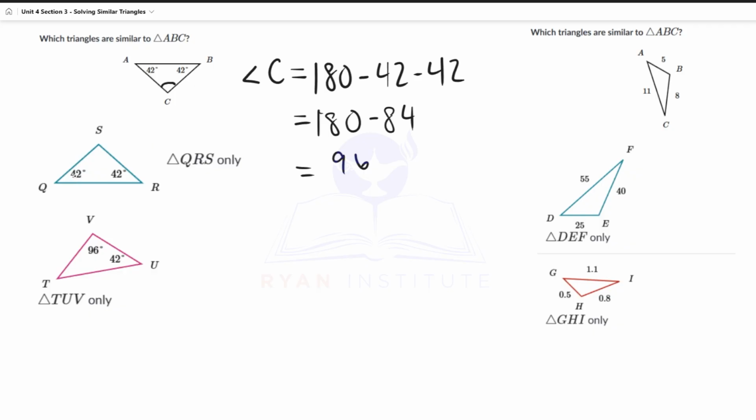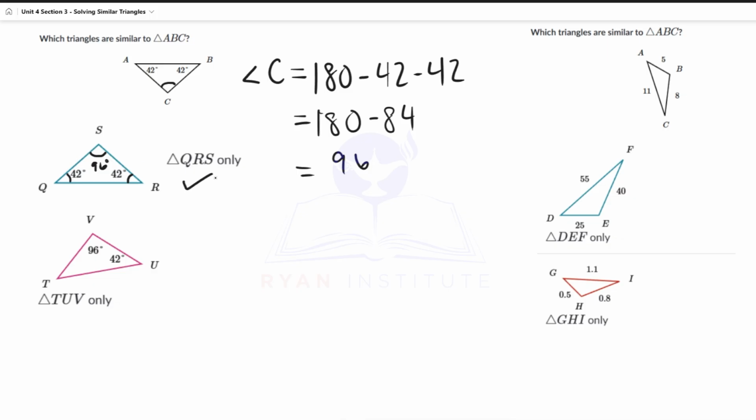For QRS, we have 42, 42, which means this angle is going to be 96 because we have congruent angles for A, and if I rotate this the right way, this would be B. A would be on the right-hand side, and then C would be this top angle.